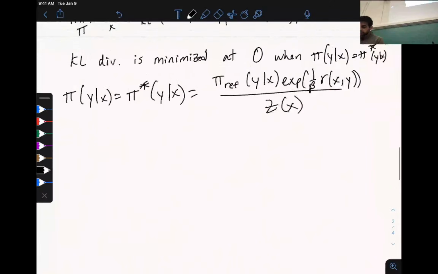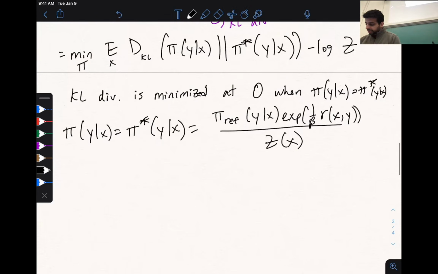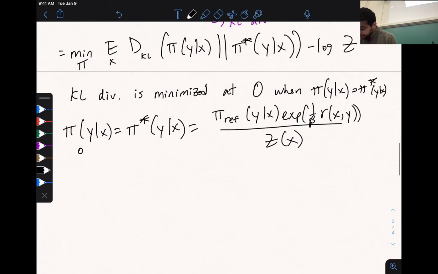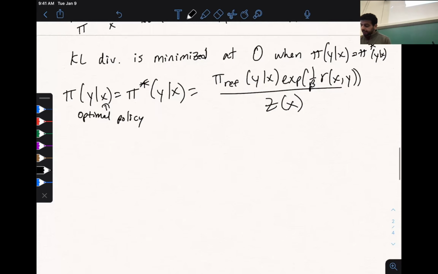So how can we use this knowledge of our optimal policy to give us a method that does not require sampling from the model in order to perform alignment? So we know that our optimal policy here, let me just write that, it incorporates this reward term, r x of y.